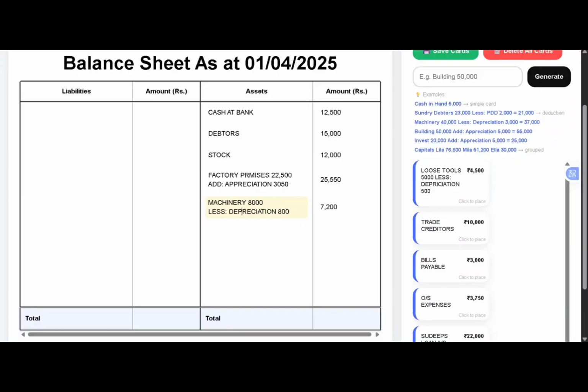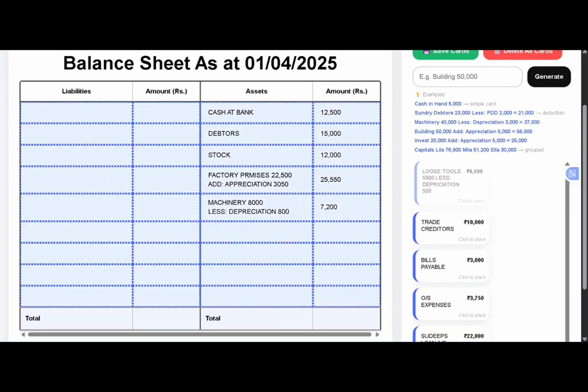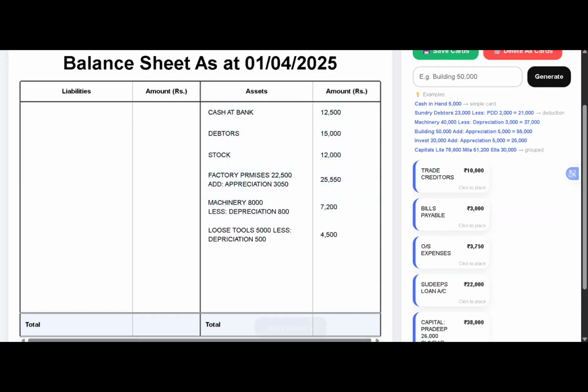Now next asset we have is the loose tools. Now with regard to loose tools also there is a depreciation, so we are going to adjust the depreciation here. Loose tools is rupees 5,000 less depreciation 500, so the depreciated value of loose tools is 4,500. So these are the assets which are being brought down from the old balance sheet to the new balance sheet along with the adjustments.